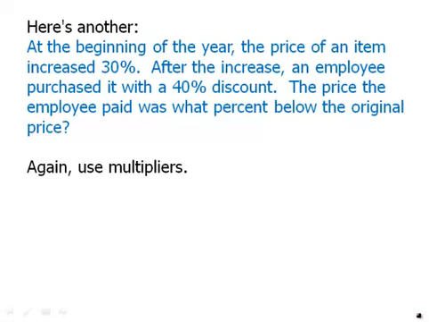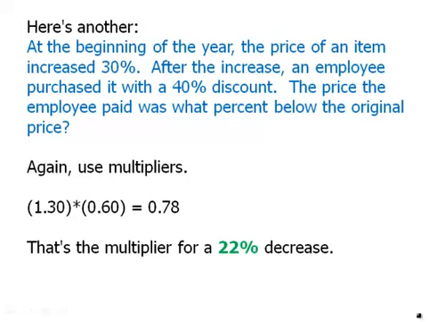A 40% decrease, that's a 0.6 multiplier. We're just going to multiply those two multipliers. They multiply to 0.78. 0.78 is the multiplier for a 22% decrease. And so this means that what we have going on here is a 22% decrease. The price that the employee paid was 22% less than the original price.